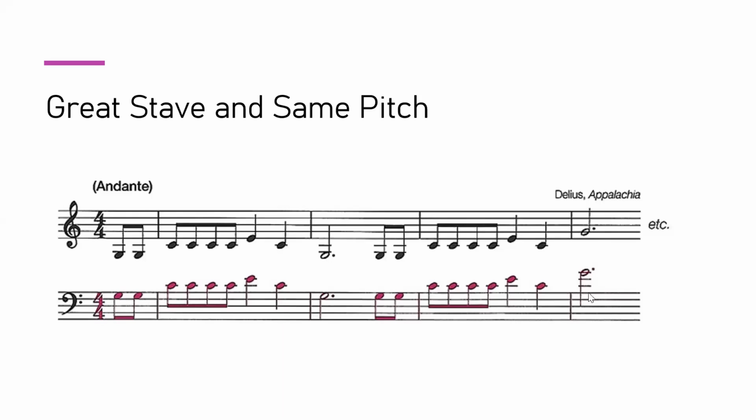If you write it in this space here, it is an octave lower. If I write it on this line, it is 2 octaves lower. You can see now, that's the difference.